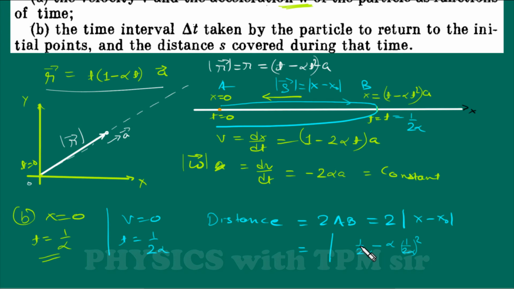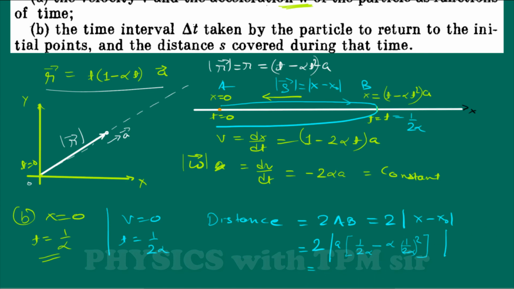There is one a also, so now I will use this a, and we have to apply mod also, and there is 2 times. Now let's solve 1 by 2 alpha and 1 by 4 alpha. We will get 1 by 4 alpha.